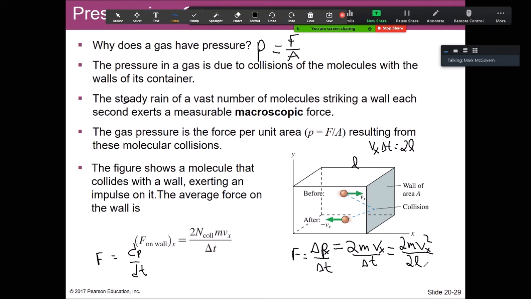And so I have an expression that looks like this now. You can cancel the 2's out here, and that's how my force is going to look right now. All right. Now, let's move on, actually. I'm going to move to the next slide.